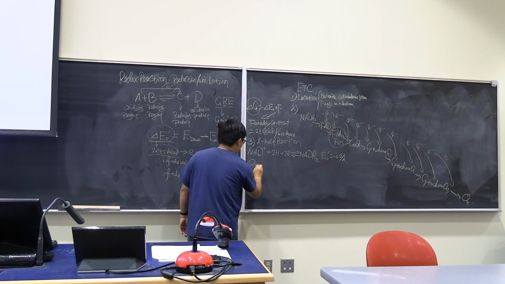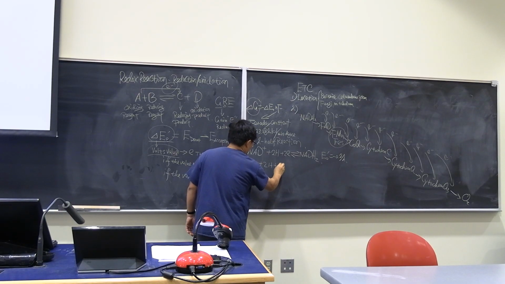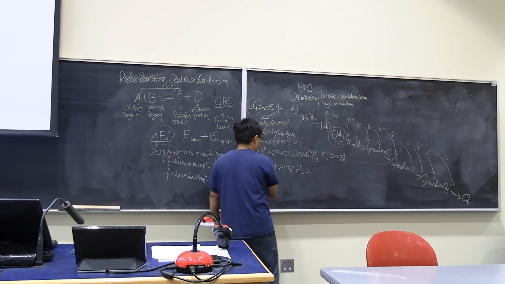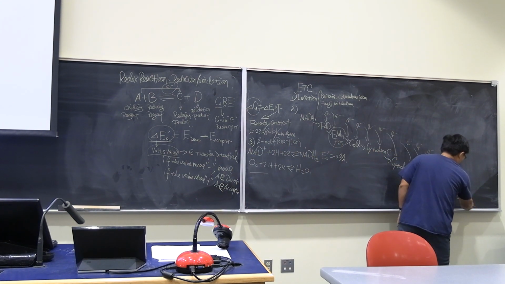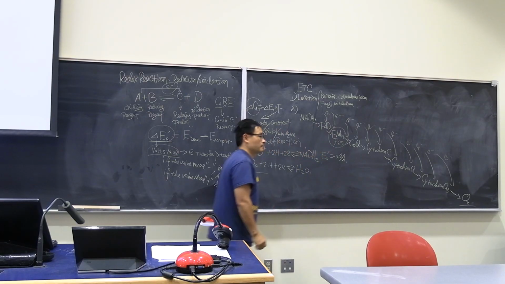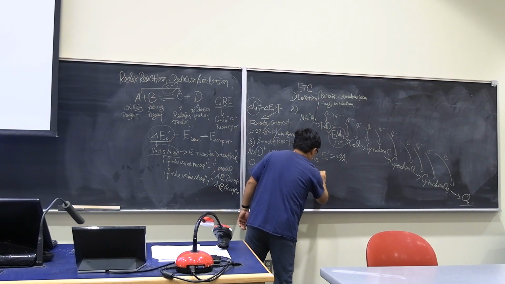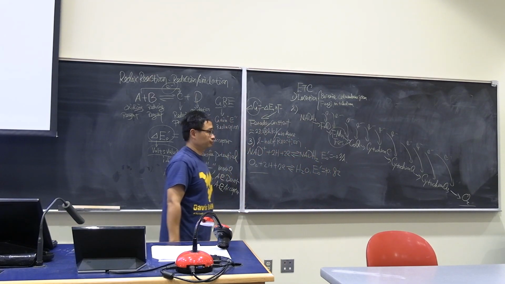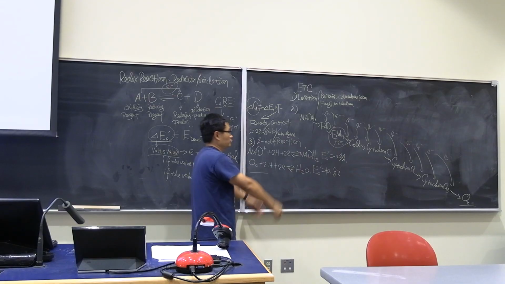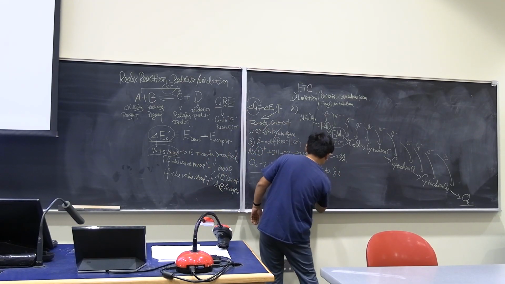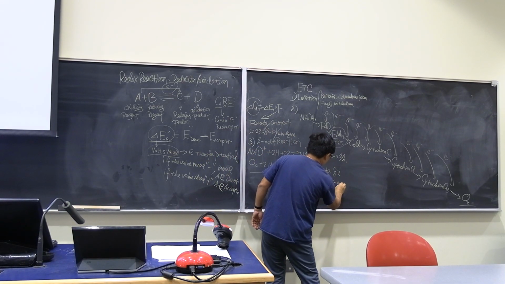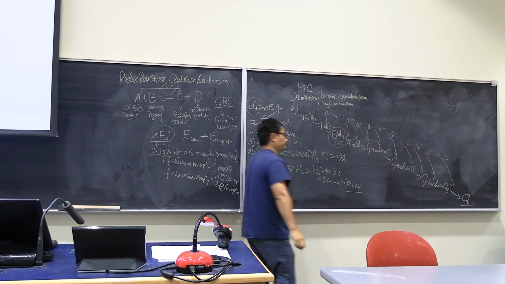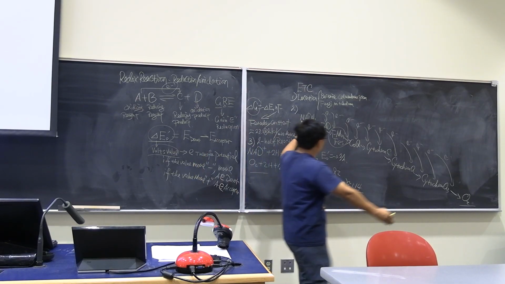Okay, how about oxygen? What's the voltage value? Positive 0.82. What's the distance between them? Roughly 1.14. This is the big difference between here and here.